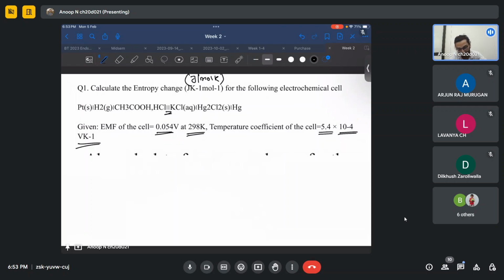So how can we solve? Calculate the entropy change. We are asked to find ΔS. I'll give 2 minutes for solving.